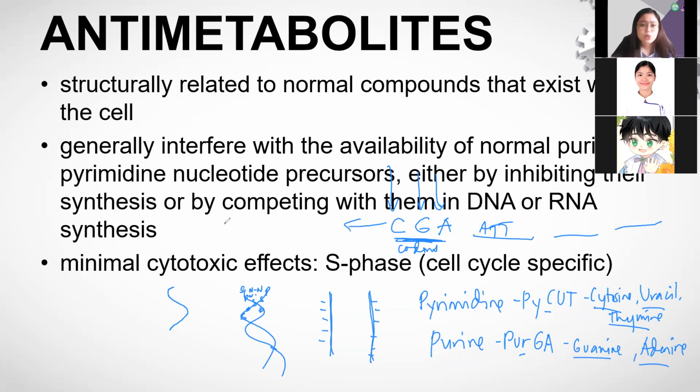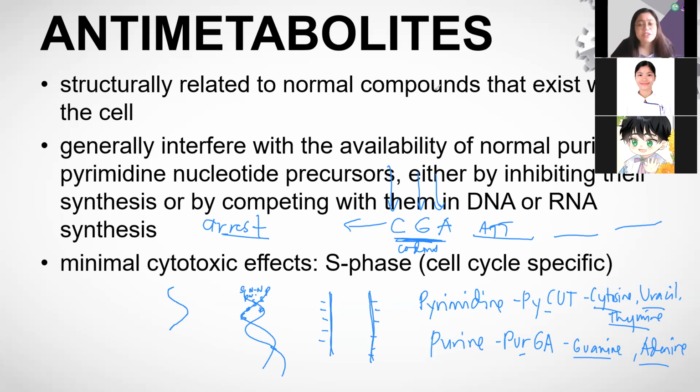And that will lead, most of the time, to arrest of the DNA or RNA replication, or again, synthesis. Without DNA synthesis, there is no division of the cell, and thus in the case of cancer, they will no longer multiply. Okay? That is the work of our antimetabolites.